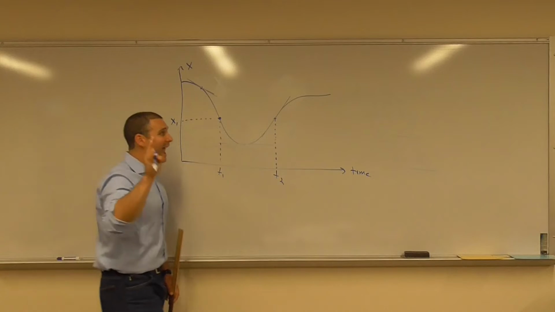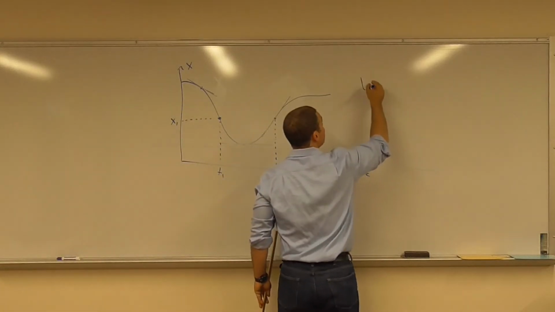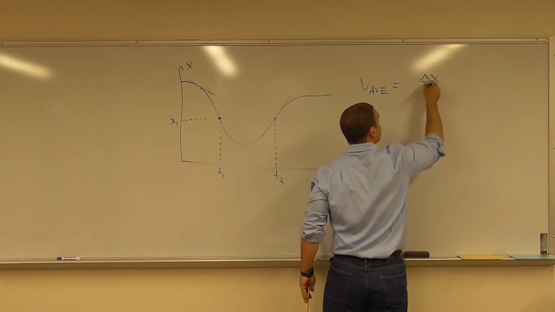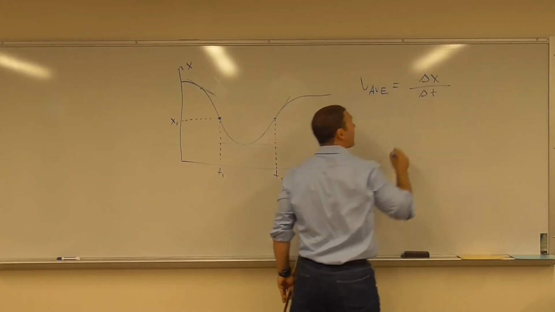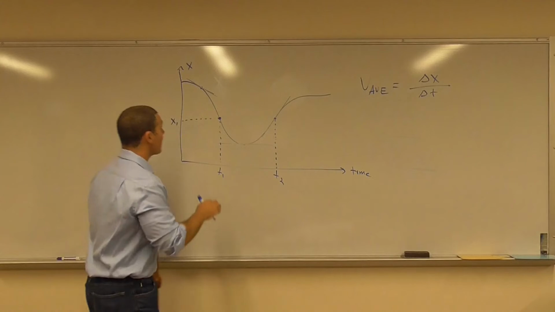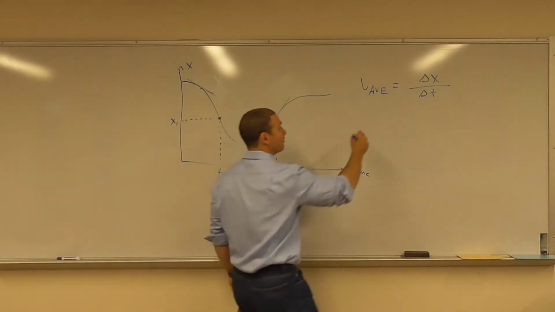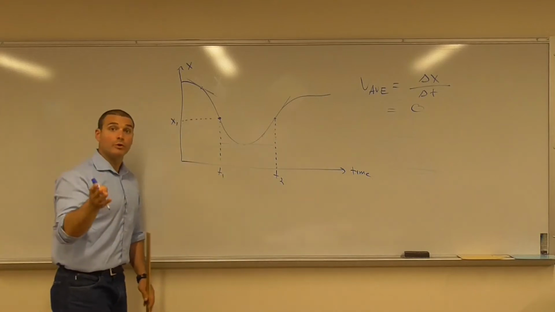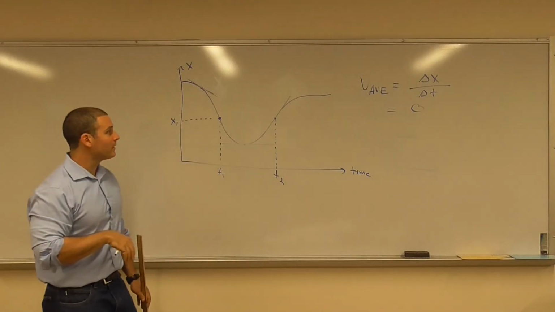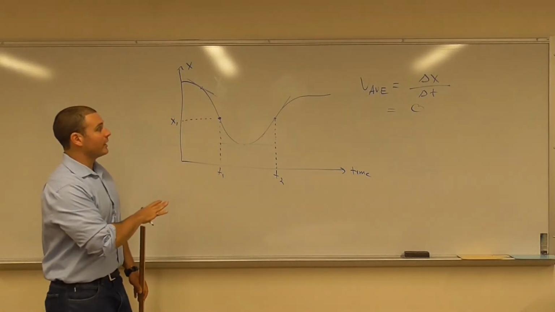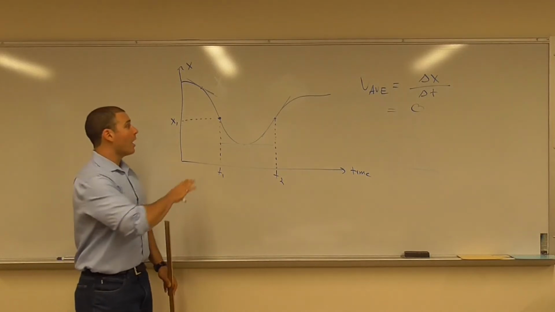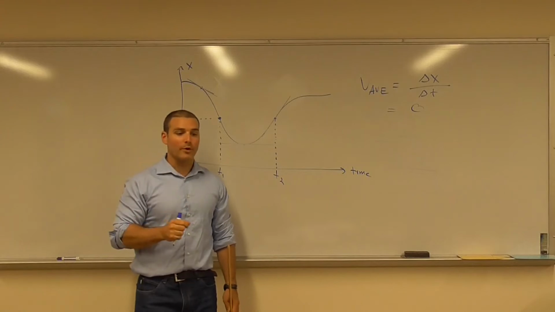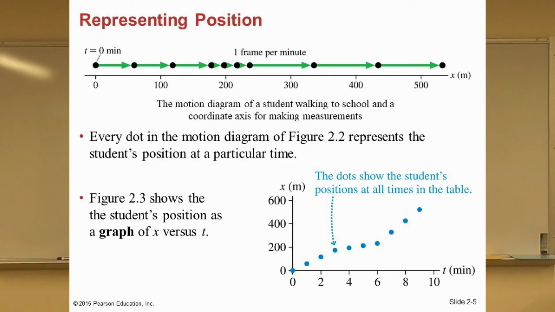So if I want to know my average velocity, this is going to be my displacement over my time. Because I'm at the same position in both places, my velocity is going to be 0, whatever units we're working in, meters per second, feet per second. And so clearly, I have a difference between my instantaneous and my average velocity. Make sure that you really work to cement these ideas.